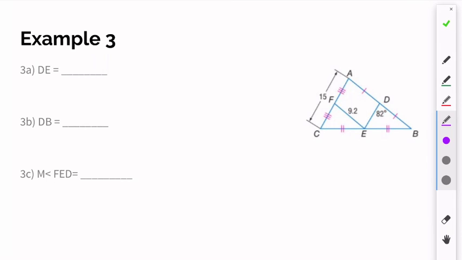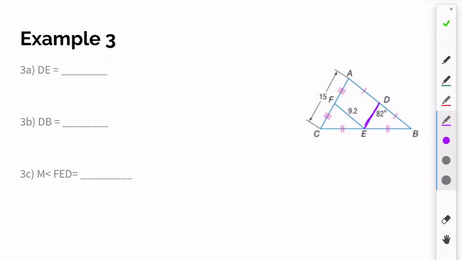Let's look at this. Example 3. Okay, so they want to know the length of DE. First of all, we kind of have to make some assumptions here. Is DE parallel to AC?